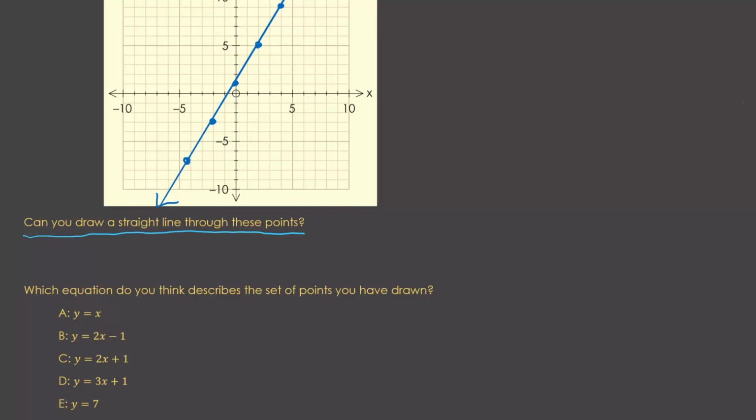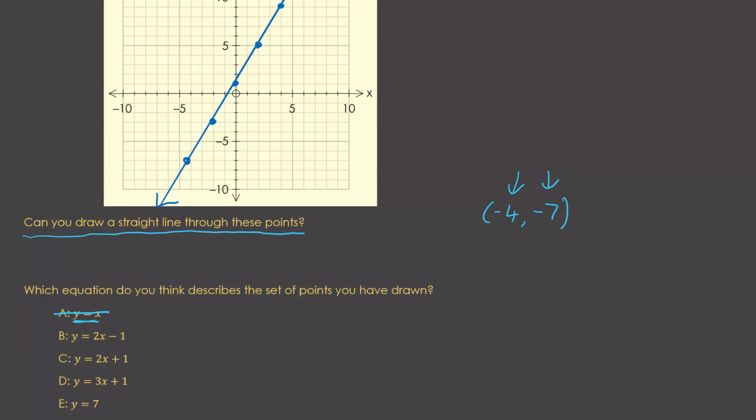So, well, let's test each of those out. If we had y equals x, that would mean all of the y coordinates were equal to the x coordinates. Now, the first point I drew was -4, -7. The x and y coordinates here are not the same, so it can't be that.